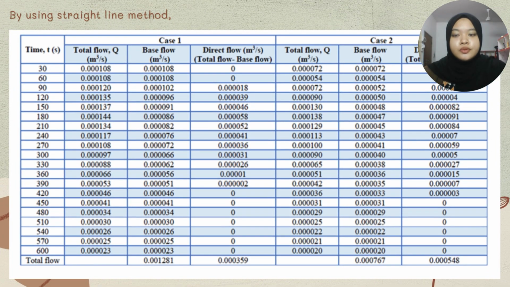From the graph that we plotted, we get a straight line. So from the straight line, we draw a new table to calculate total flow, base flow, and direct flow for case 1 and case 2.